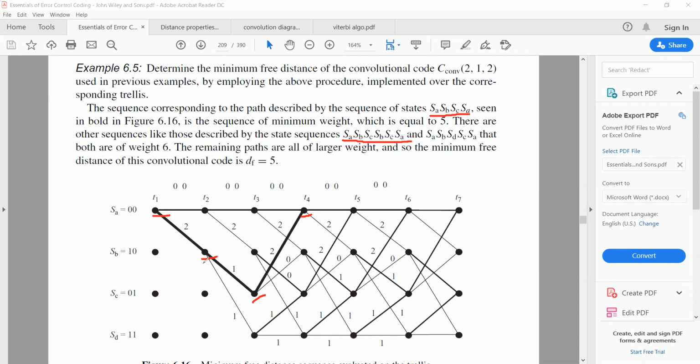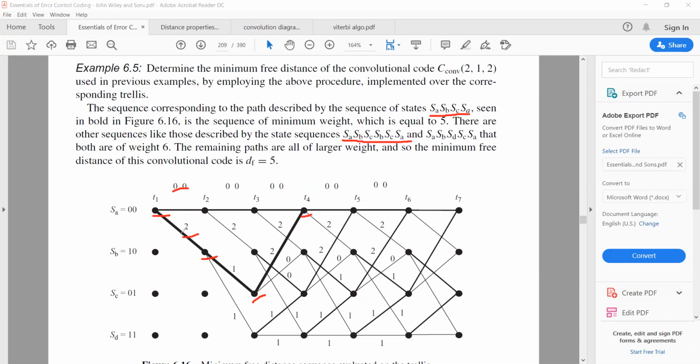So what I have to do is add the Hamming distances, and the Hamming distances are calculated between this 00, 0 and the corresponding output, right? Why is this 2 written?